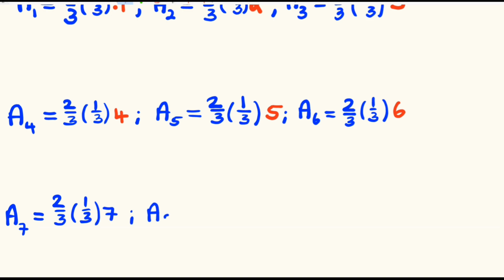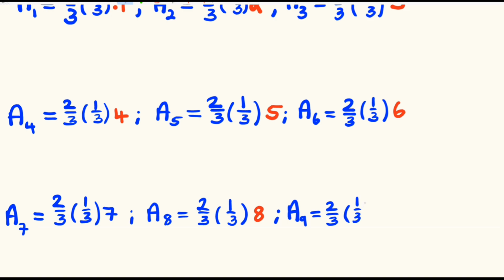And area number 8 will be equal to 2 divided by 3 multiplied by 1 over 3 multiplied also by 8. And this will continue to area number 9, where we'll have the tread as 2 divided by 3, and the 1 over 3s will be 9.